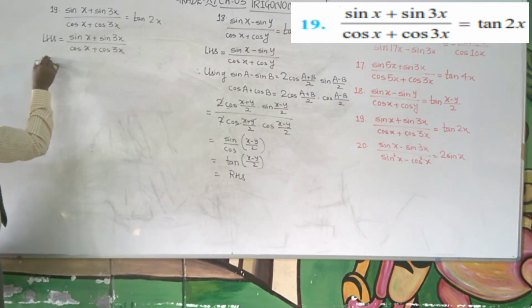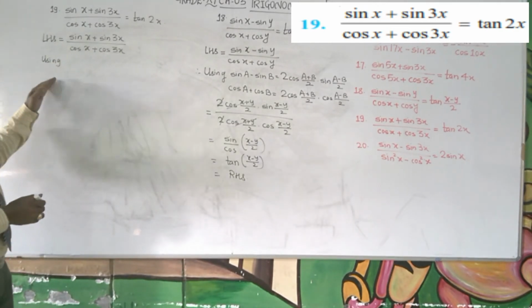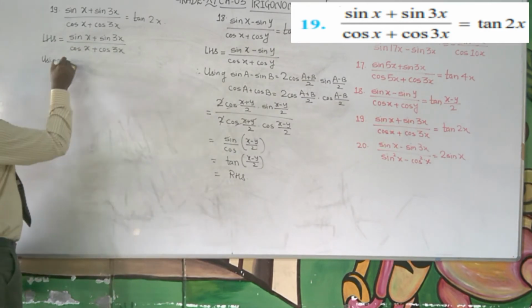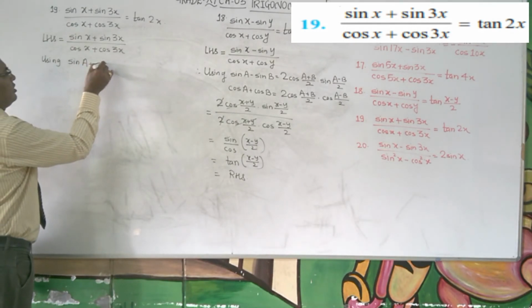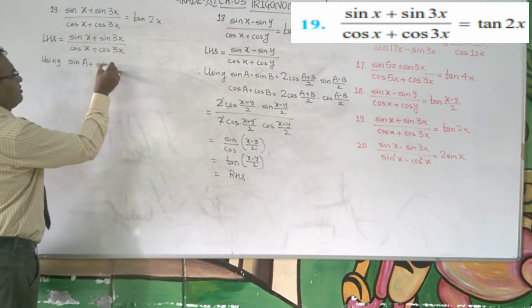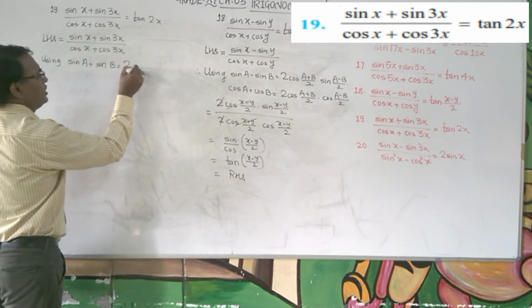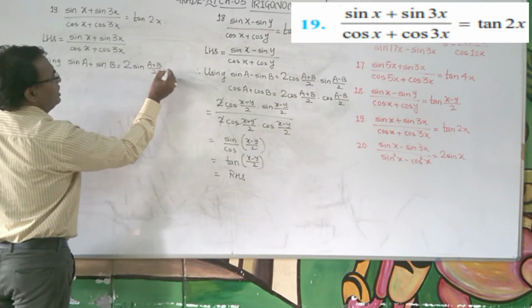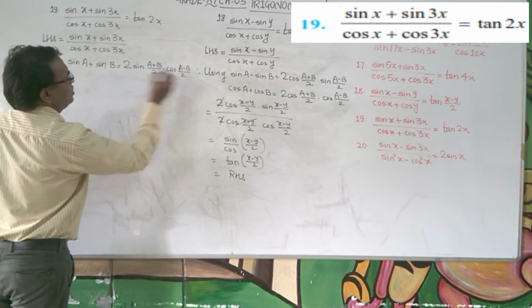Now using what are we going to do? Using sin A plus sin B, a simple formula. Sin A plus sin B is 2 into sin (A+B)/2 into cos (A-B)/2.